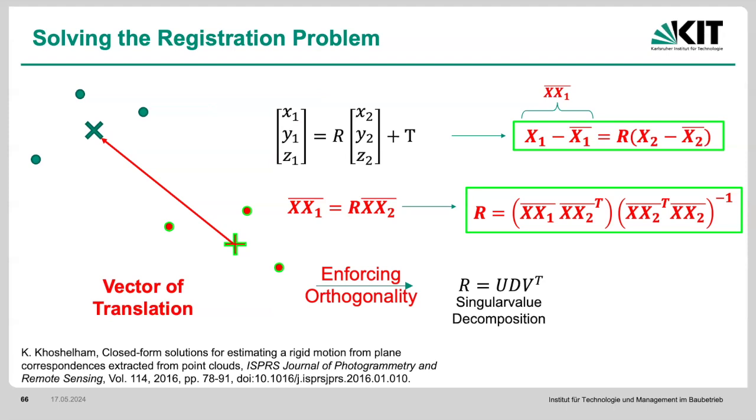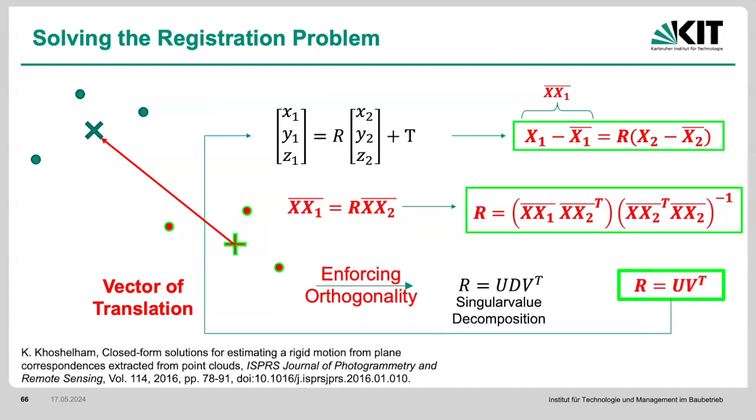Because every one of these elements needs to be orthogonal to each other to represent the three orthogonal directions. Once you do that, you go back and get the translation by putting R into this with respect to only the centers, the x1 bar and x2 bar, okay? This is one way to do it.